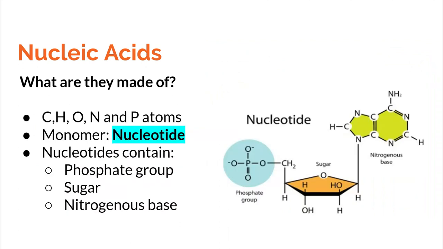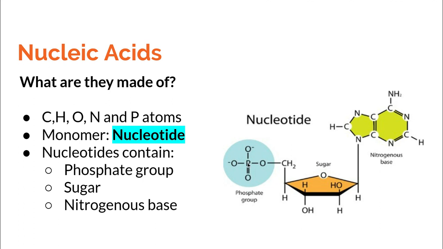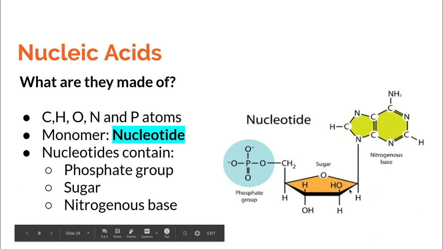What are they made of? So nucleic acids are made of carbon, hydrogen, oxygen, nitrogen, and phosphorus atoms. And their monomer, their most simple structure, is called a nucleotide. So nucleotides, like you can see here, have three components. They have a phosphate group, the phosphorus atom here bonded to 4 oxygens, a sugar.